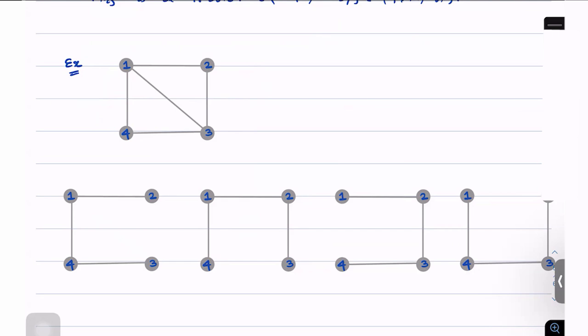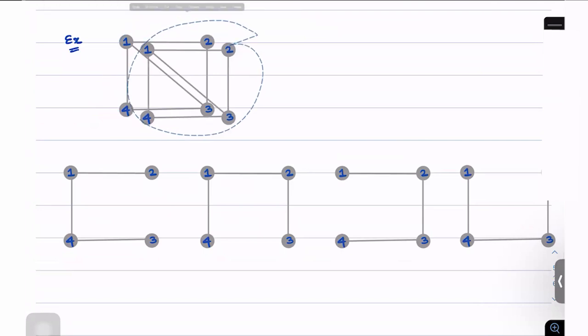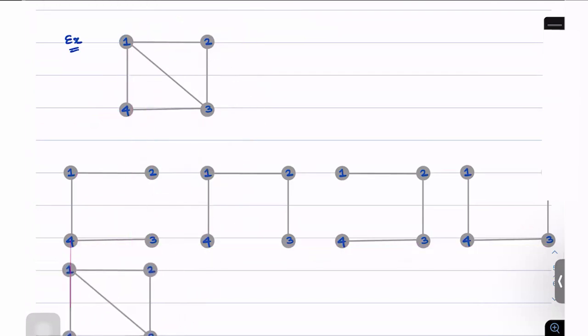So the answer is yes, there are a few more spanning trees that can be drawn. Let's see what they are. The next one could be something like this, an N shape.